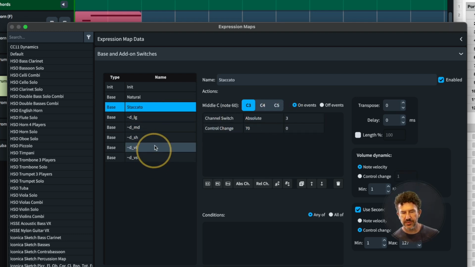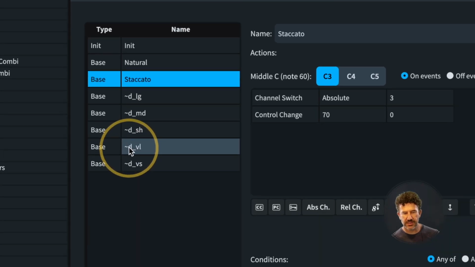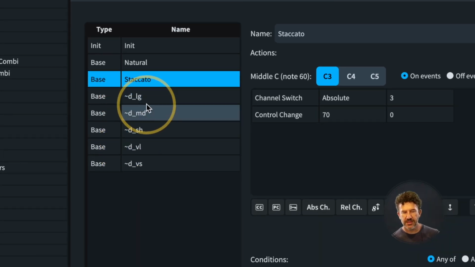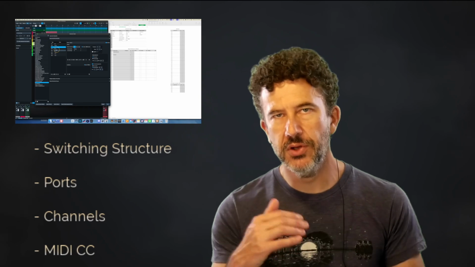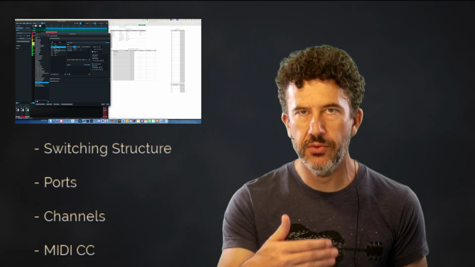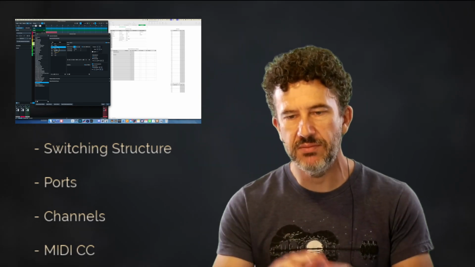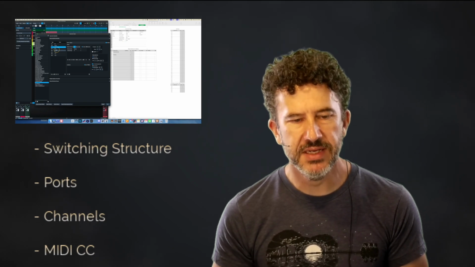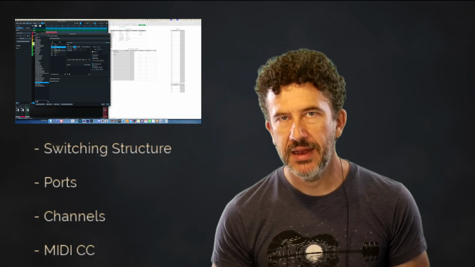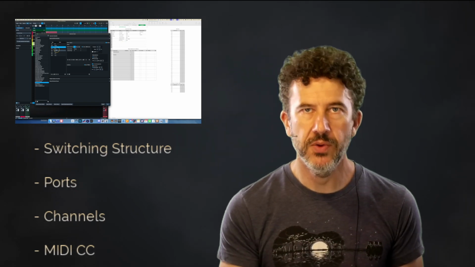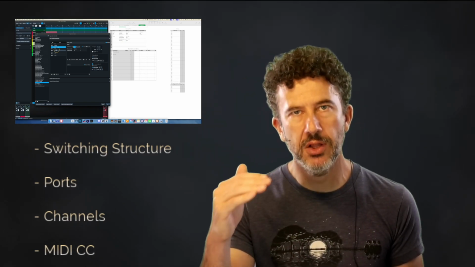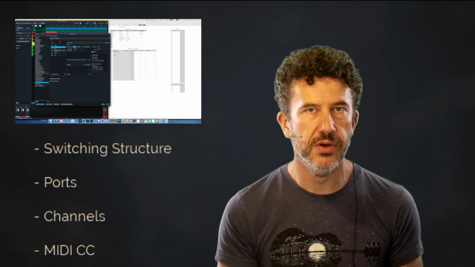Now let's talk a little bit about what these are here. With the little tilde signs, these are a condition-based approach. We'll talk about this more and more through this series, where I'm demystifying this approach. Essentially, I am using Dorico's expression map conditions, which identify very long notes, medium, short, and very short notes.